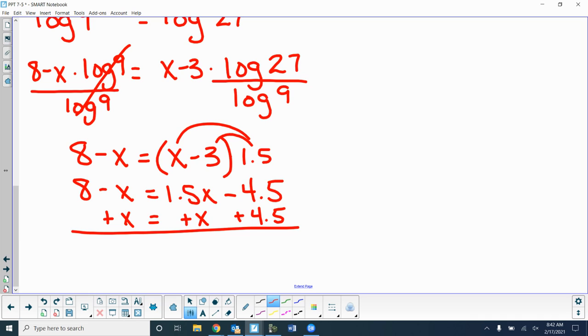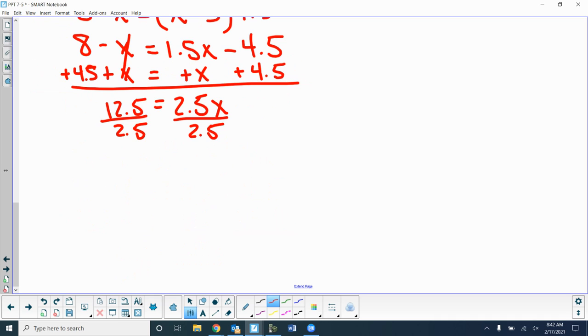Because there's a 1 in front of that. What's 8 plus 4.5? 12.5, right? What did we say that was, 2.5x? And then divide by 2.5. And what do we get again? We get 5.